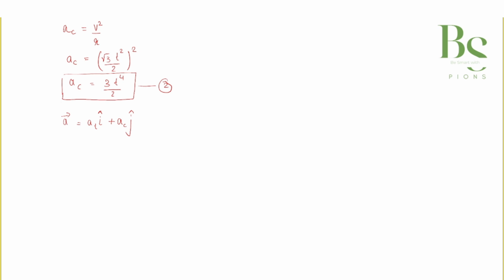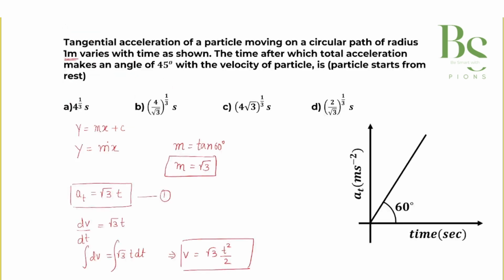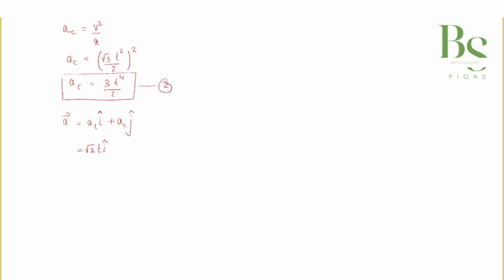So, AT is nothing but root 3 t i cap, from equation 1, and AC, the centripetal acceleration, is just now we got 3t to the power 4 upon 4 j cap, correct? I have made a small mistake here. When you square it, it will become 4 over here also. So, over here also 4. I hope this is clear. So, this is our net acceleration, clear?